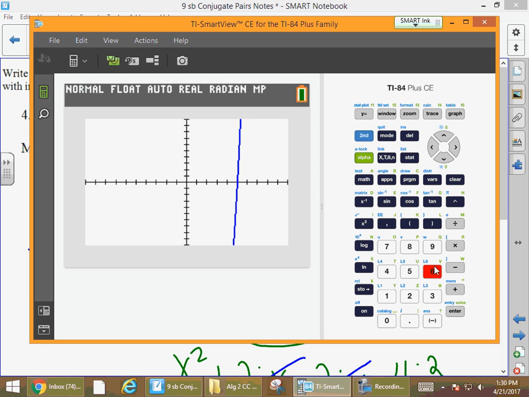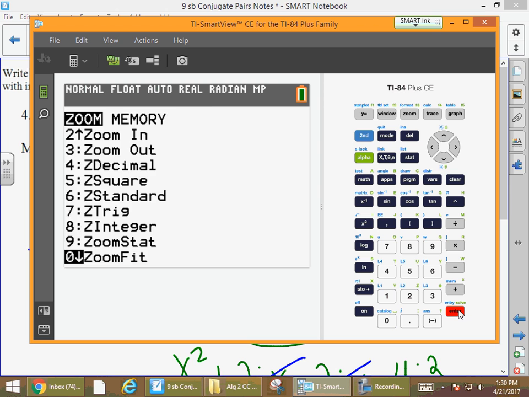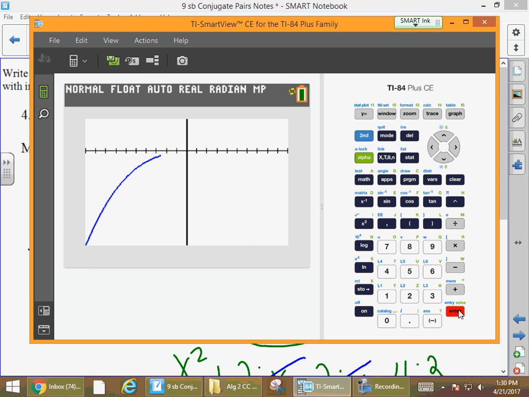Now, in this particular case, we cannot see the entire picture. We can see to the right, we're going up to positive infinity. But we can't see the whole picture. Zoom and scroll down to 0. And you can just type in 0. And that's going to give us a picture of the polynomial.